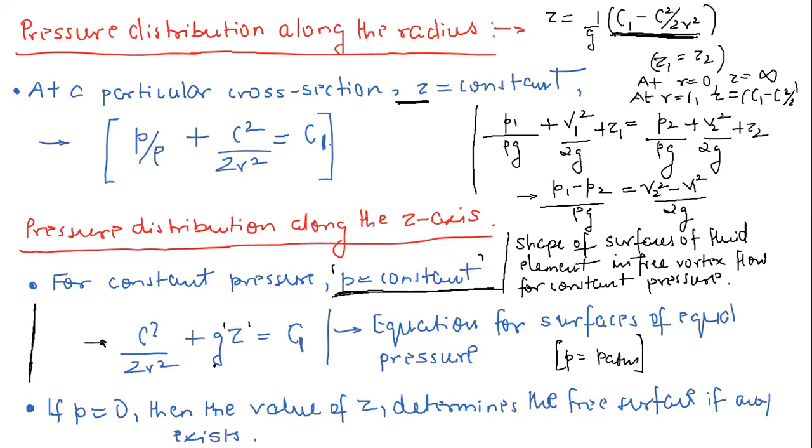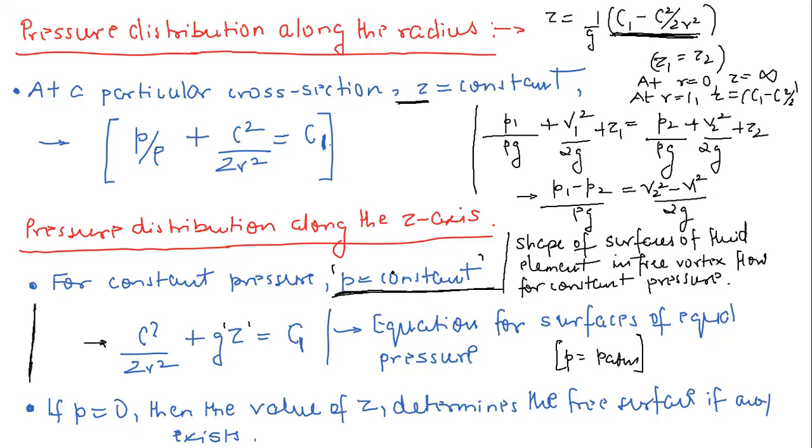Anyone? Will there be any change in the equation? I'm just saying that here P is going to remain constant. I don't care whether this P is in the bulk of the fluid, or whether we are taking it on the surface. I'm not considering that.